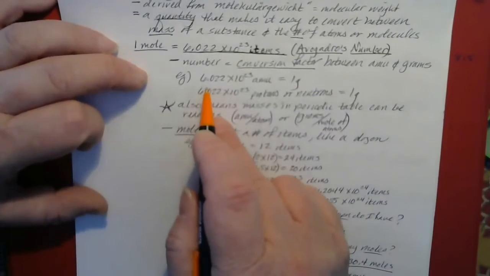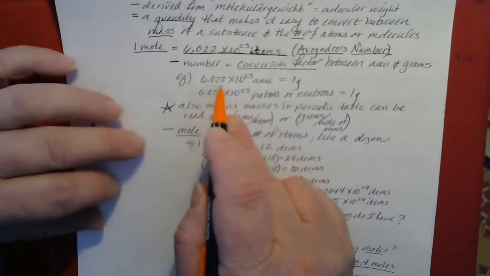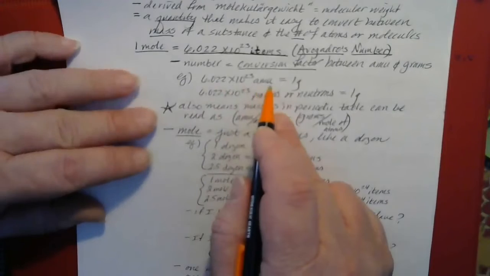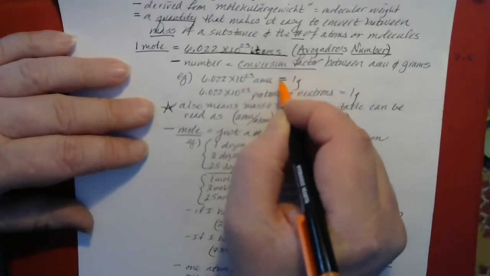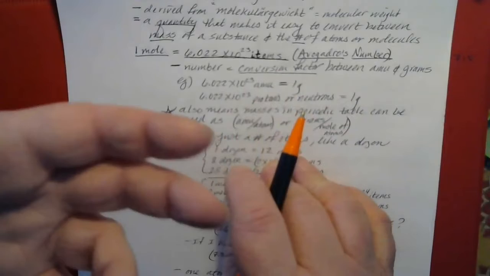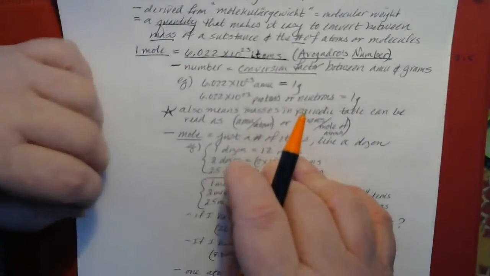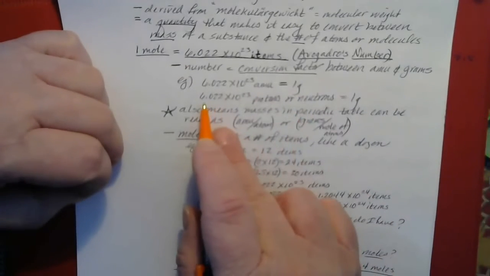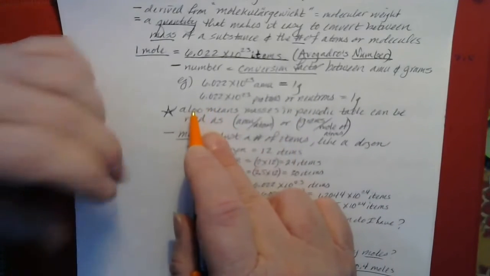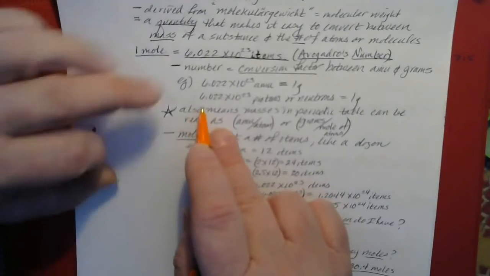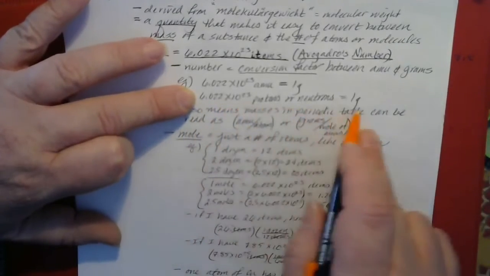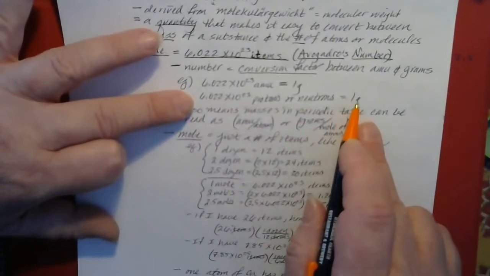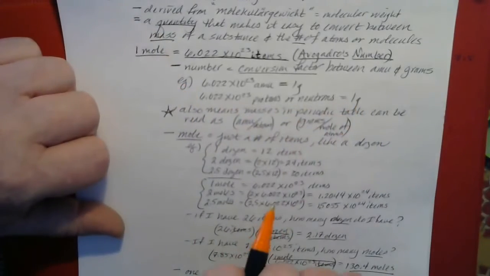So in other words, if you have 6.022 times 10 to the 23rd atomic mass units, you have 1 gram. And since, say, a proton or a neutron is 1 atomic mass unit, 6.022 times 10 to the 23rd protons or neutrons would be equivalent to 1 gram of protons or neutrons.